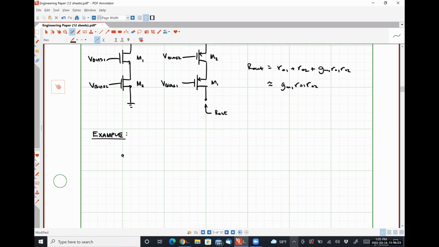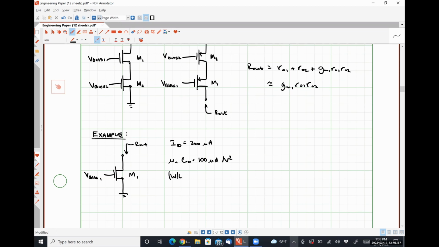Let's say that we have a simple MOSFET current source where our drain current ID is 200 microamps, mu n Cox is 100 microamps per volt squared.